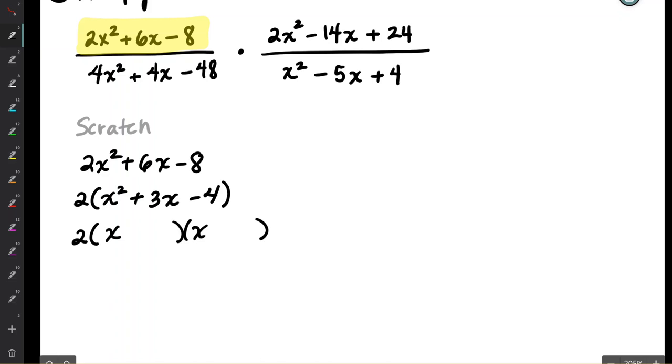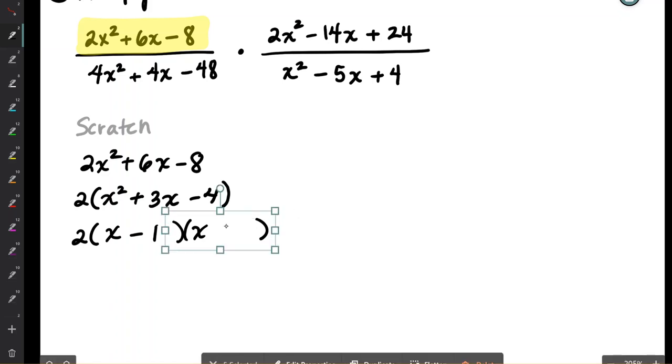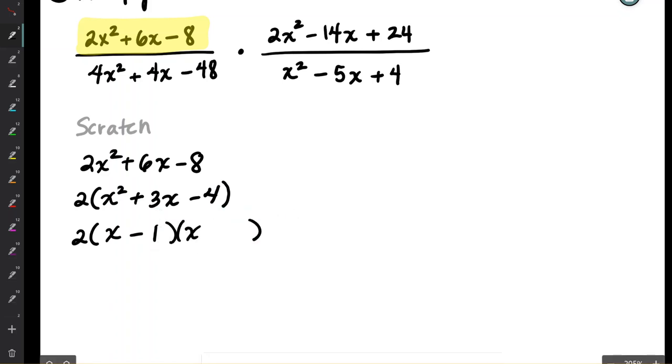In this case, it's x minus 1 times x plus 4. Minus 1 times 4 is minus 4, and minus 1 plus 4 is positive 3. So yellow is equal to yellow. Okay, so that's that little piece.